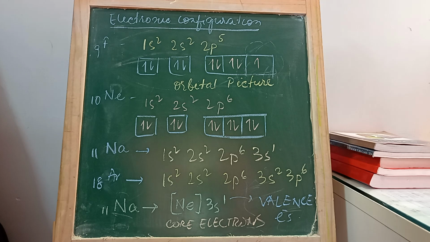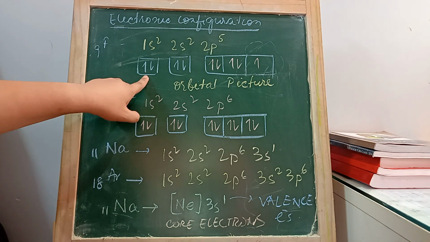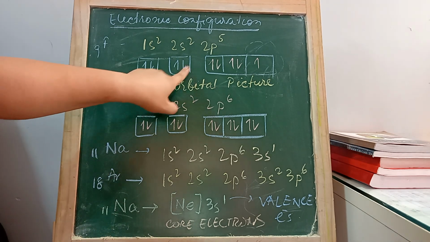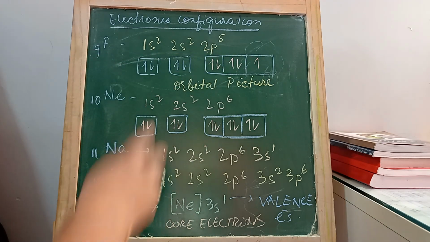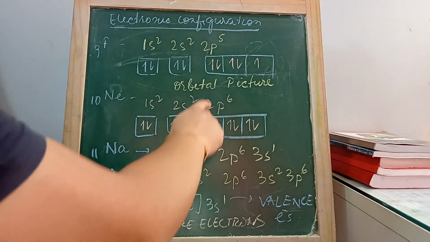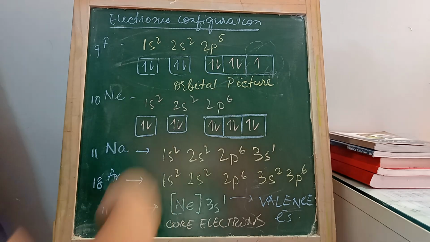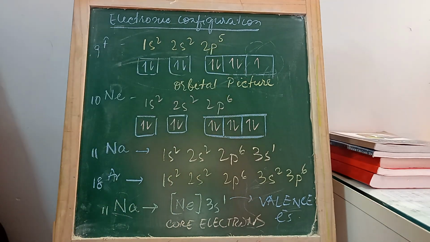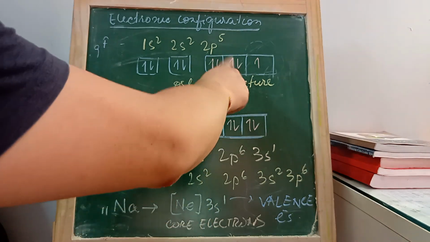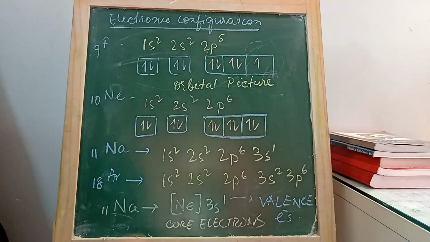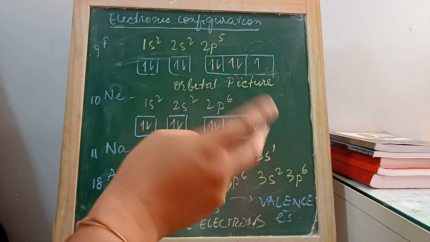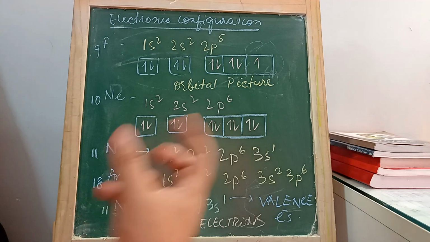How is this represented in the orbital picture? It's like this. So the 1s orbital, the 2s orbital. There are 2p orbitals. There are 3 2p orbitals: 2px, 2py, and 2pz. How do they fill up? According to Hund's rule of maximum multiplicity, the orbitals having the same energy, or degenerate orbitals, should be singly filled first, because we know that in an orbital only 2 electrons can be present.